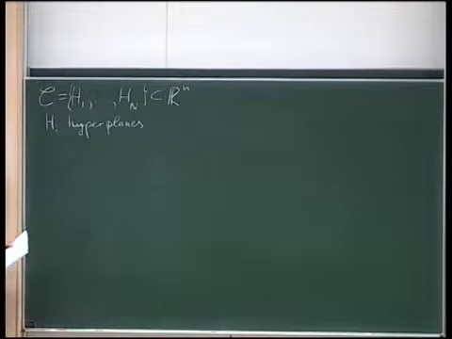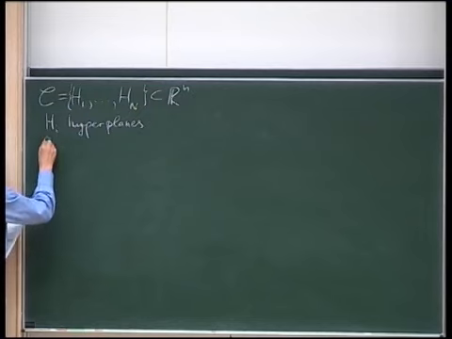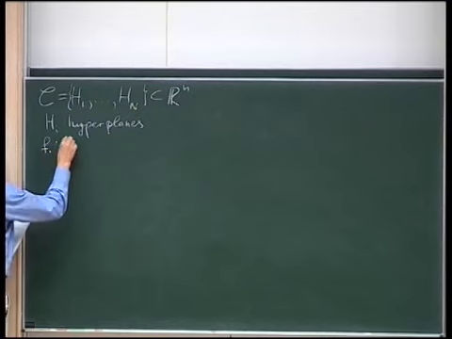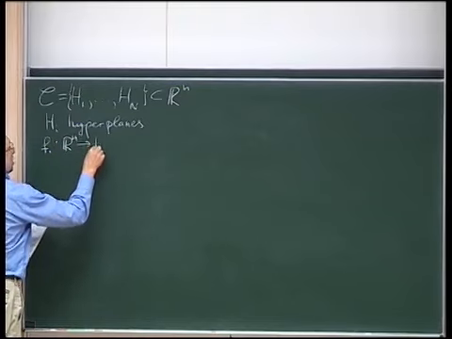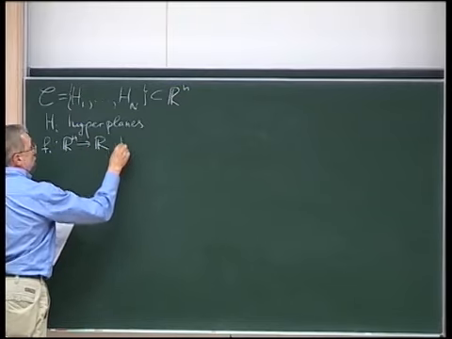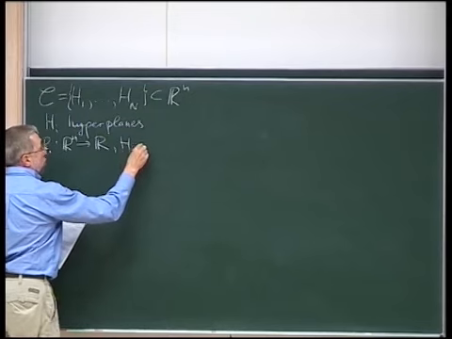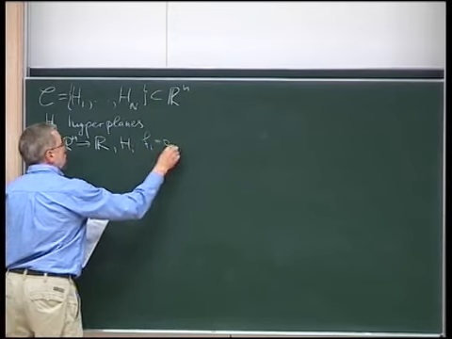We will choose an equation for each hyperplane. So we will choose linear functions fi on the real space such that Hi will be defined by the equation fi equals 0.